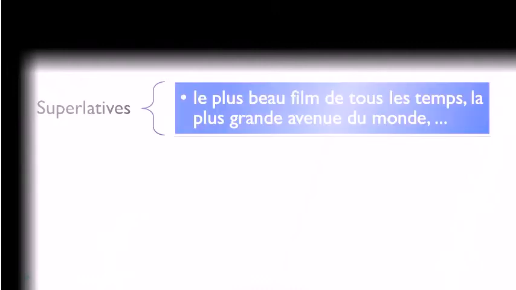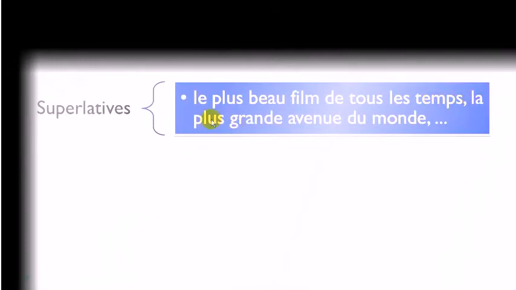Normally we tend to use this preposition de as well when we use superlatives. So for instance here, le plus beau film de tous les temps, of all time. Le plus beau, most beautiful, beau is beautiful, film, movie, de tous les temps, of all times. Le plus beau film de tous les temps.